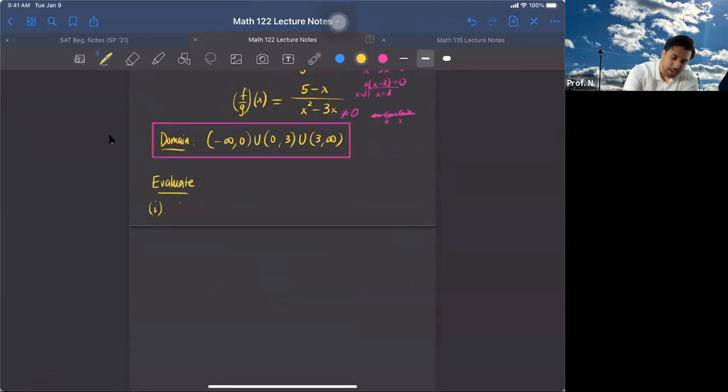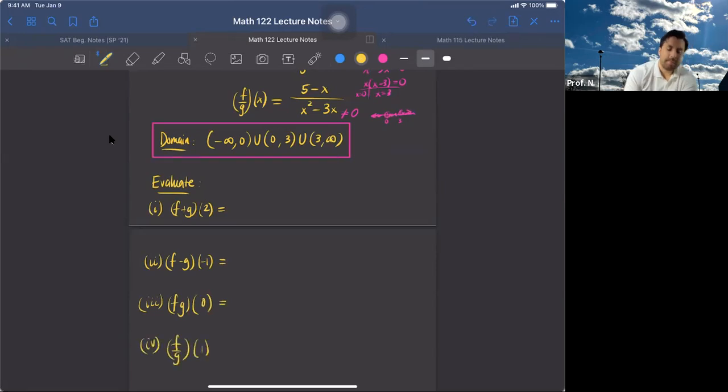What if I want f plus g of 2, and then I want f minus g of -1, and then I want fg of 0, and then I want fg of 1. So we can evaluate functions as well.